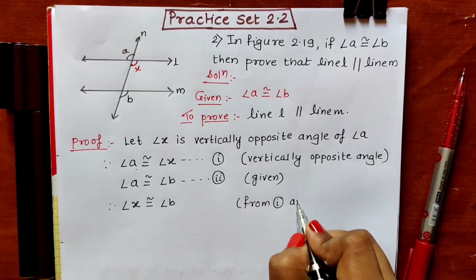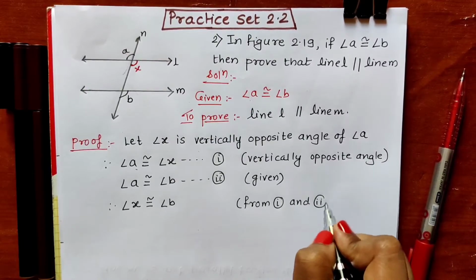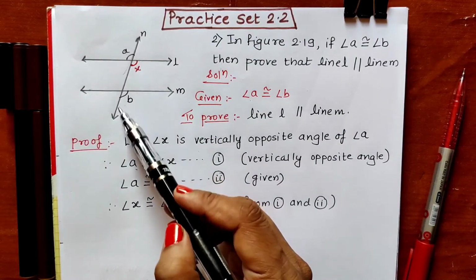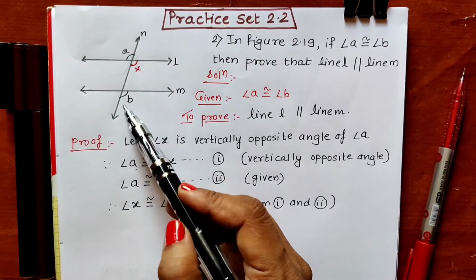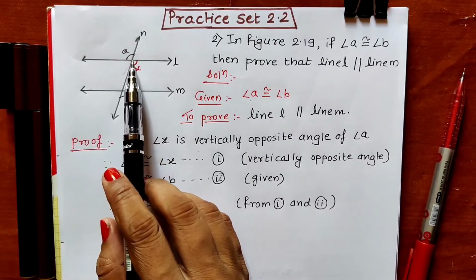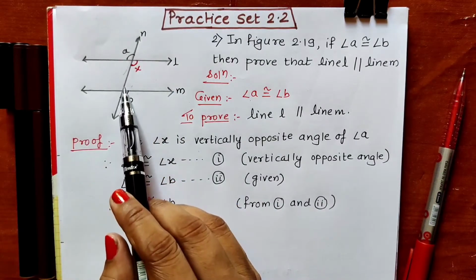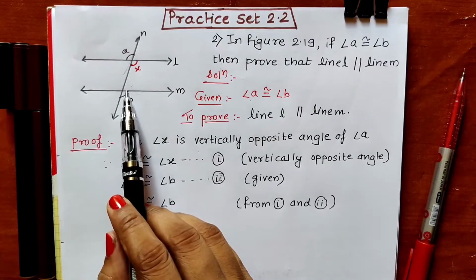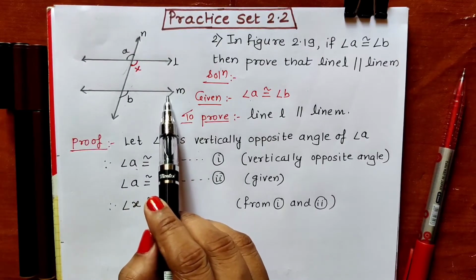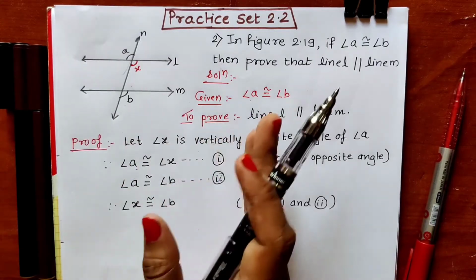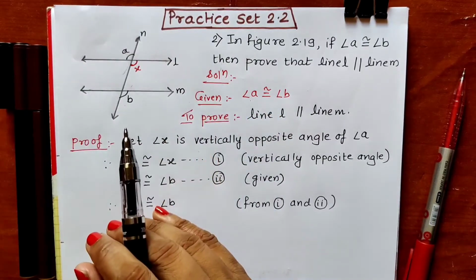Now if you observe this angle x and angle B, what type of angles are these? They are corresponding angles, because angle x has one arm on the right hand side and the other arm in the downward direction. Similarly, B has one arm on the right hand side and the other arm in the downward direction.